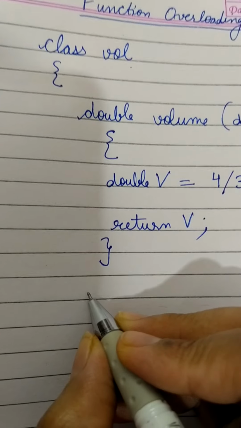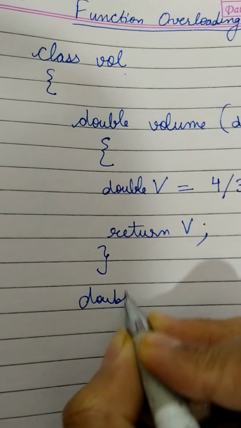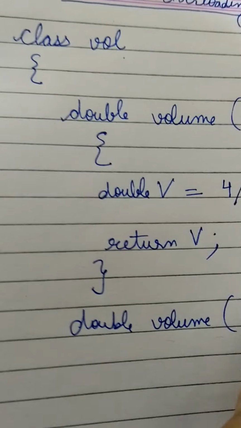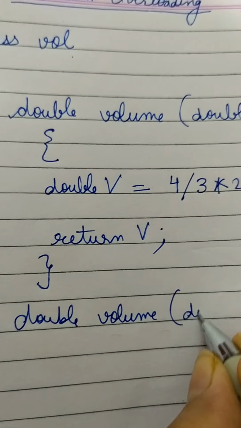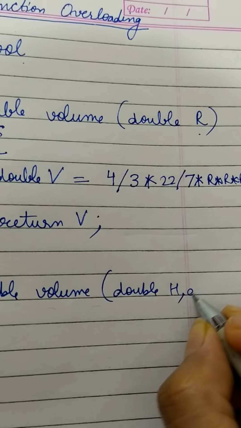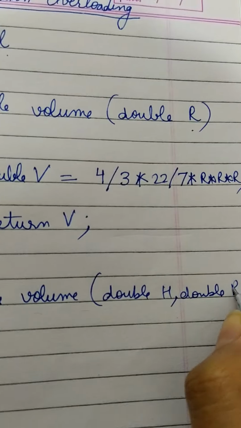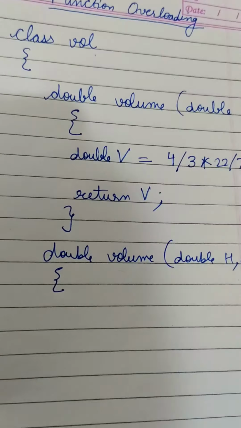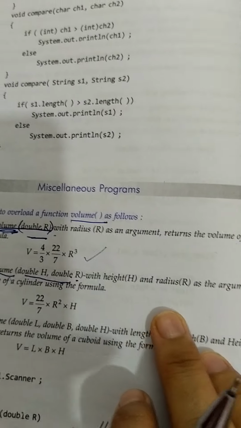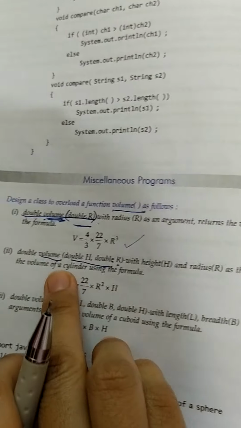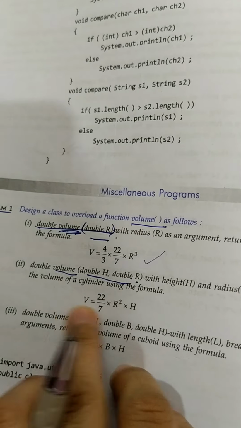Okay, now we will create this function, double volume, with two arguments, double. You just have to see the question, and like this we will do. Programs of function overloading are very simple to do. Height is h, radius is r as the argument, returns the volume of a cylinder using the formula.